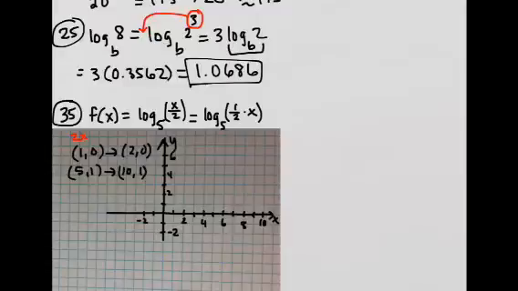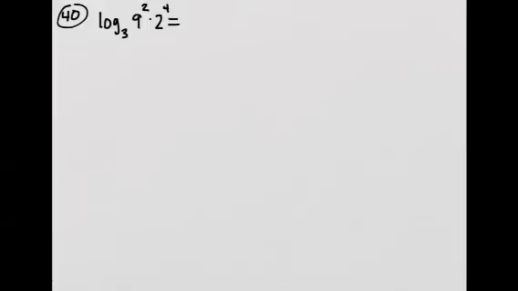This is a log function, so h is 0, so the vertical asymptote is on x equals 0. And then I have 2, 0 as a point, and then 10, 1. And so it goes like this.